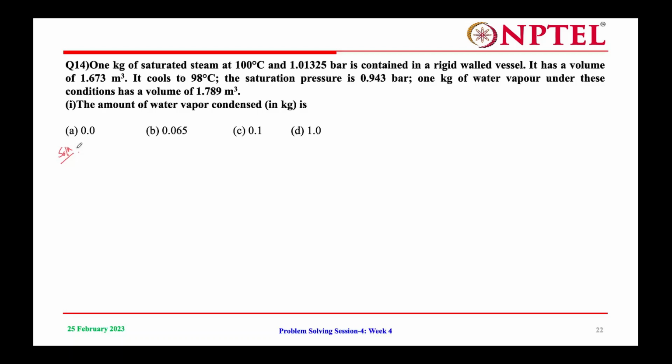Equal to the 98 degrees Celsius, right? So here the initial condition is vapor, with volume 1.673 meter cube at 100 degrees Celsius. It gets condensed.